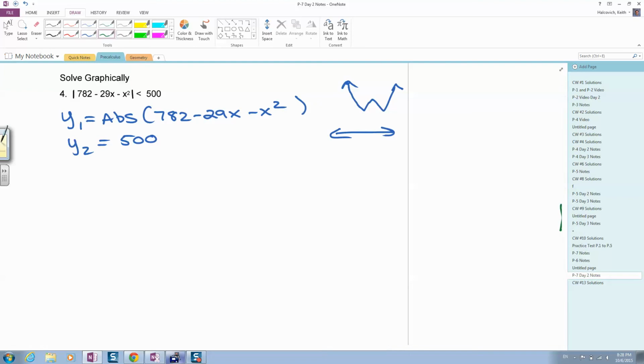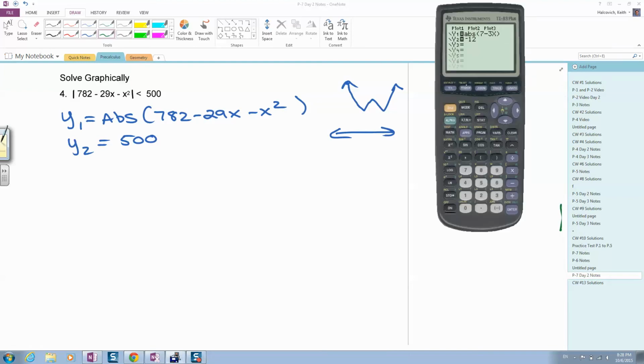So when you graph it, you're going to have absolute value 782 minus 29x minus x squared.